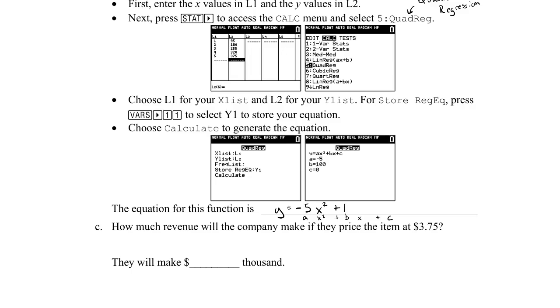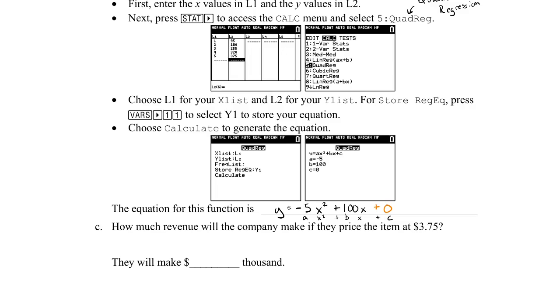Our b is 100, so we have plus 100x. And then our c is 0. I'm going to write down plus 0 at this point, so I know I didn't just forget about c. But when I go on to work with this equation, adding 0 doesn't do anything, so I don't need to do anything with that.